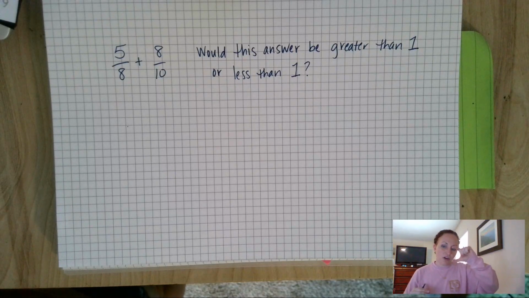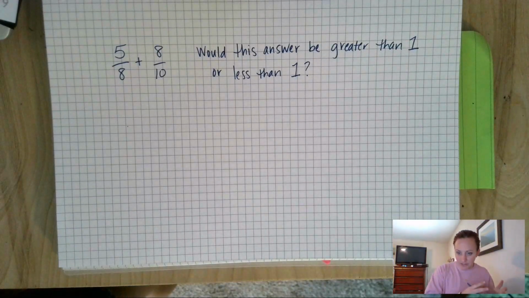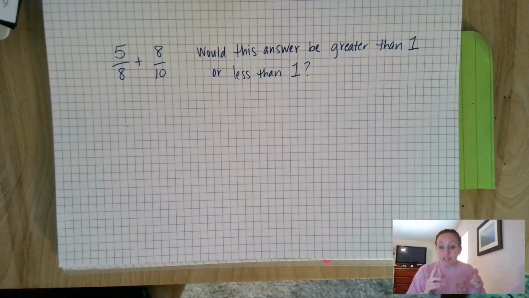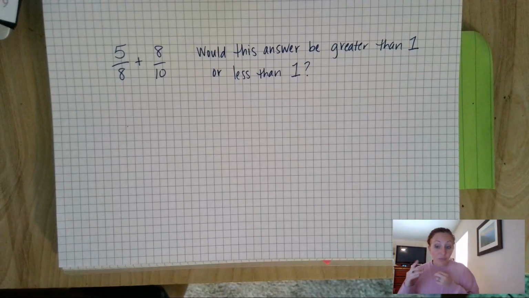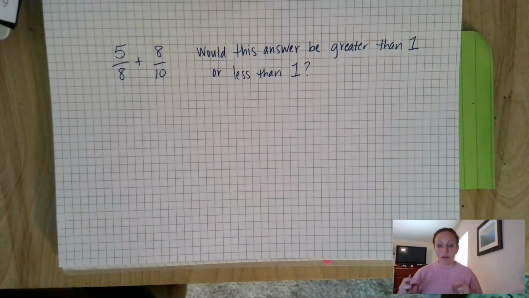So if I take the numerator times 2, it's going to equal the denominator. If the numerator is less than half the denominator, that fraction is less than a half. If the numerator is more than half the denominator, that fraction is more than 1/2. We also know that 1/2 plus 1/2 equals 1.